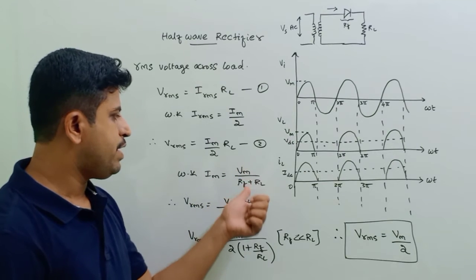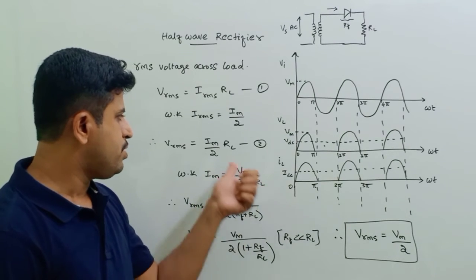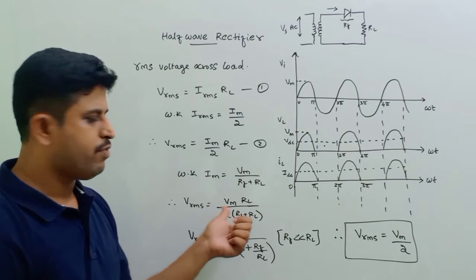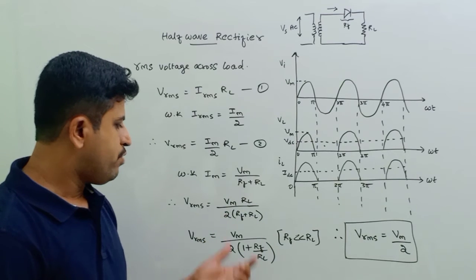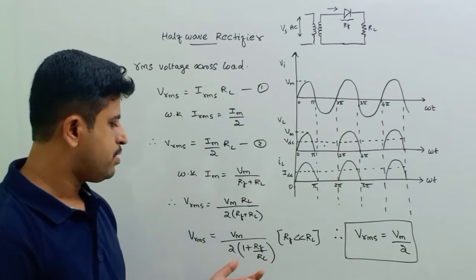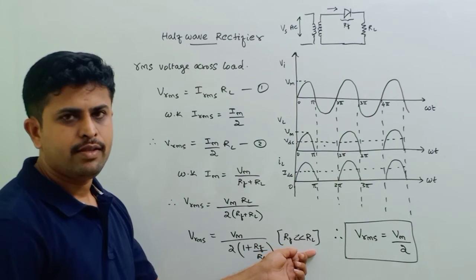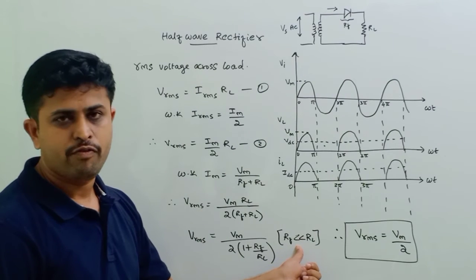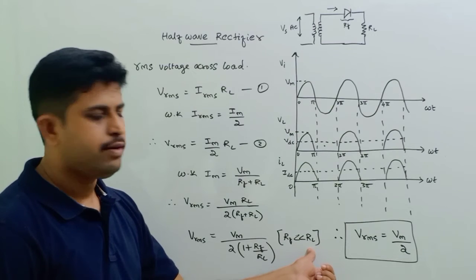Im is nothing but Vm by Rf plus RL. So using this expression in equation 2 here, this becomes Vrms equals Vm into RL by 2 into Rf plus RL. We will just rewrite this, and we know the condition that the value of forward resistance of the diode is far lesser than RL.